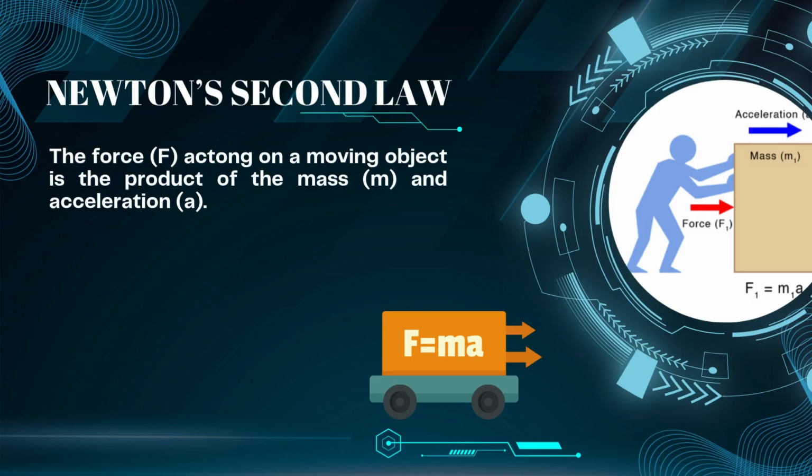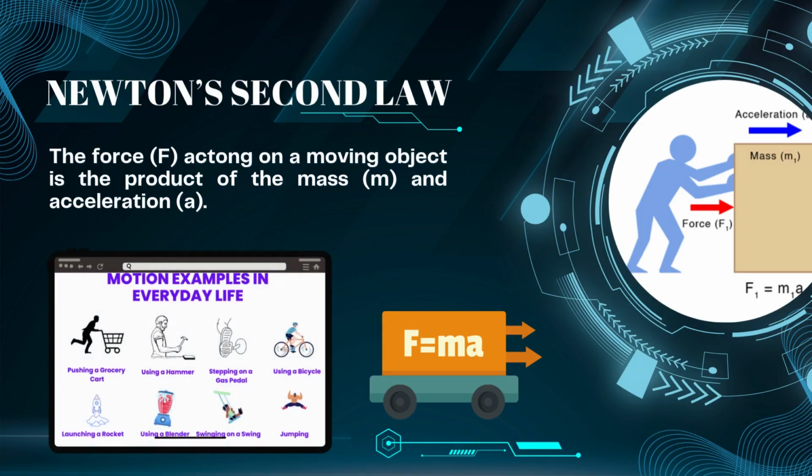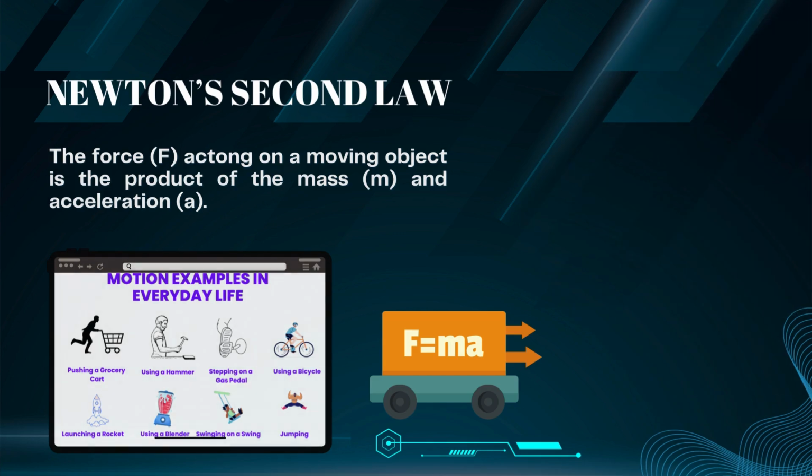In engineering, this law helps calculate the required force for machines. Motion examples in everyday life include pushing a grocery cart, using a hammer, pressing a gas pedal, riding a bicycle, launching a rocket, using a blender, swinging on a swing, and jumping.